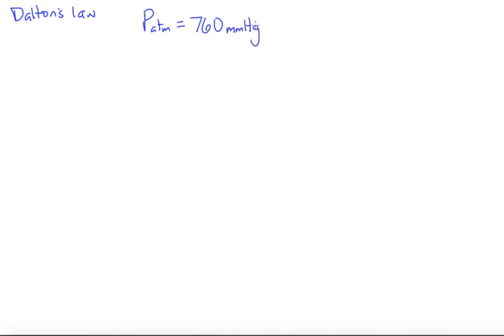Of course, the farther you go up in altitude, the lower the total pressure becomes, as well as the pressures of the individual gases in air. Anyway, atmospheric pressure is about 760 millimeters of mercury. These are our units, millimeters of mercury.